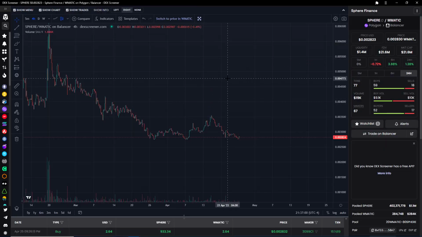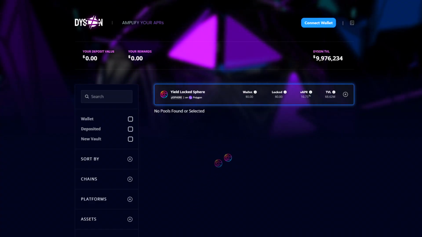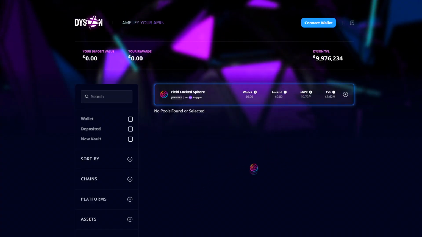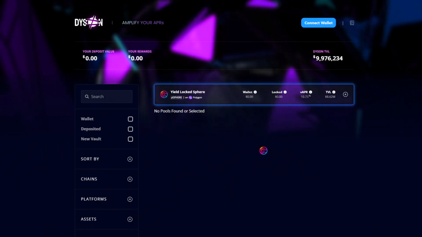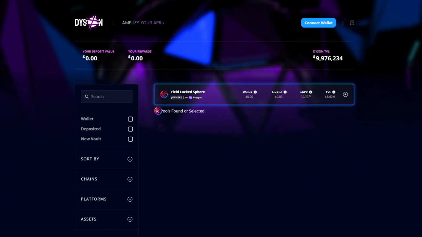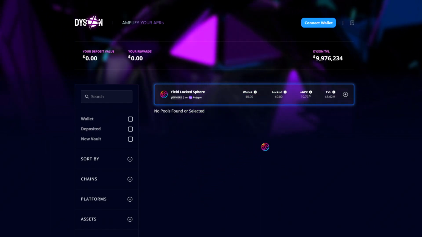If, however, that yield is used to buy and burn Sphere tokens, then we run the risk of rewarding those who are not committed to the protocol by providing exit liquidity. At the present moment, as we are in the process of setting the foundation of yield generation, we are currently using yield to reward token lockers who are committed to the ecosystem.